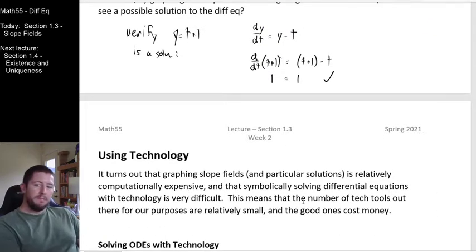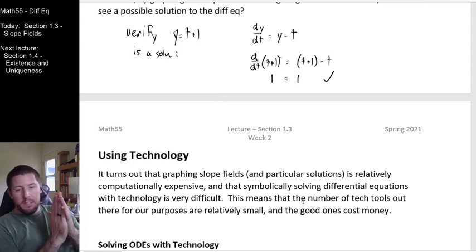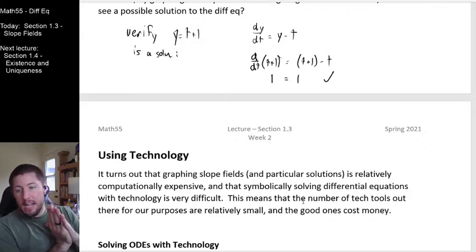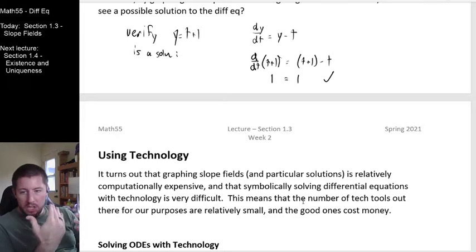So let's talk about this stuff. Turns out that graphing slope fields and their particular solutions is relatively computationally expensive. When I say computationally expensive, what I mean is it takes a lot of multiplication and addition and subtraction to make this happen, like lots and lots and lots of it. The more precise we want it to be, the more computation is required.